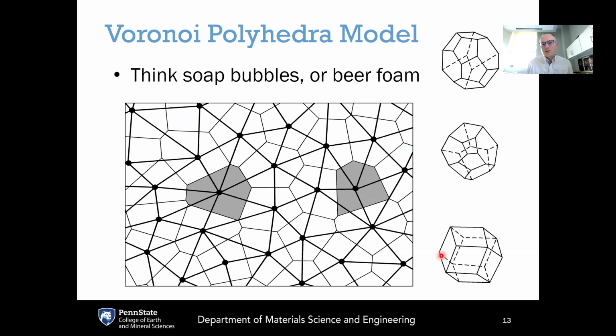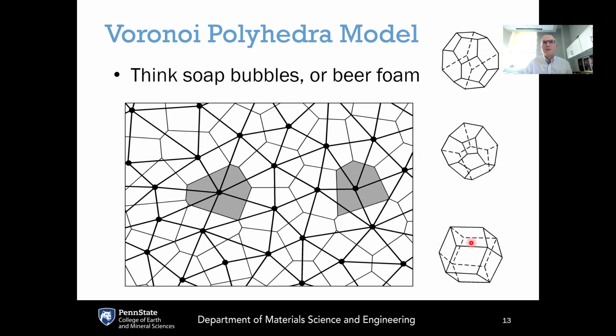One of the models for the packing of these different polyhedral units is called the Voronoi polyhedra model. You can imagine this if you take a bunch of peas and put the peas into a container and then fill the container with water. The peas are going to absorb the water and basically expand until they can't expand anymore because they've butted up against the interface with the other neighboring peas, and you get these types of polyhedral structures as shown here.